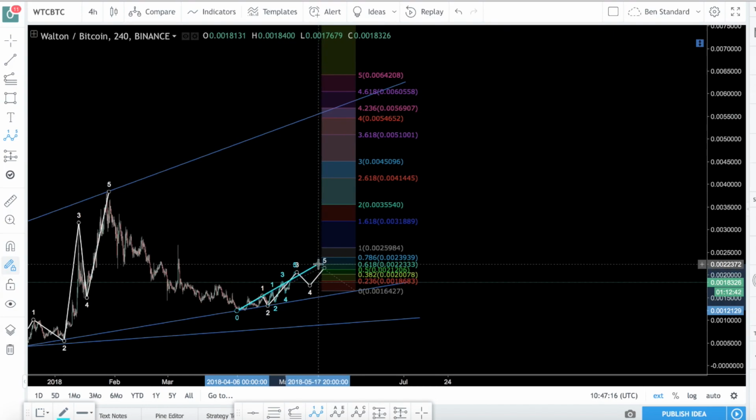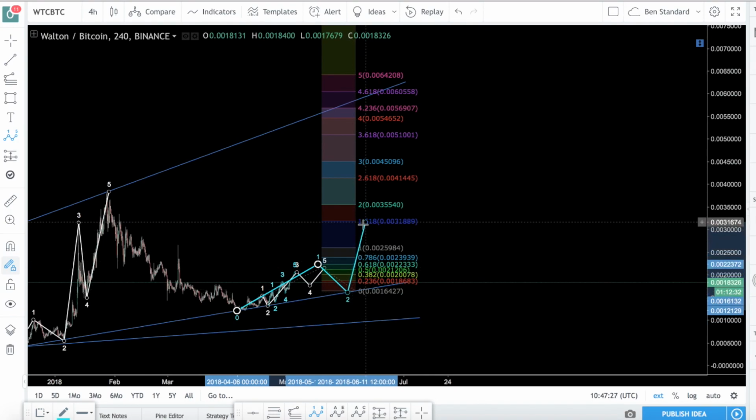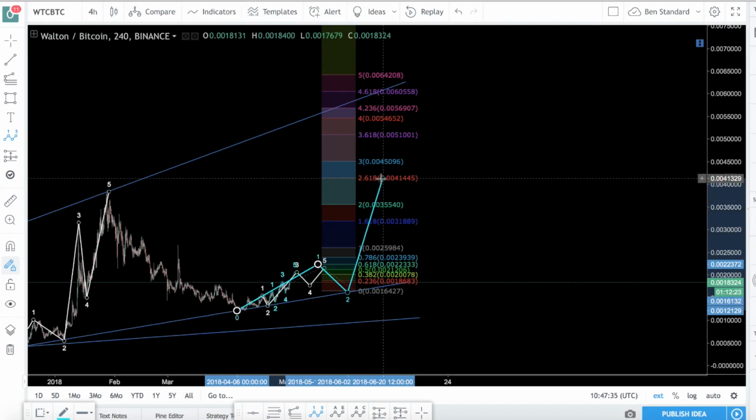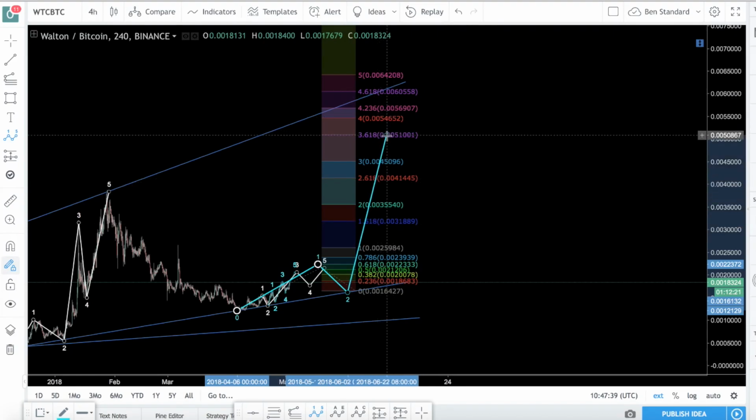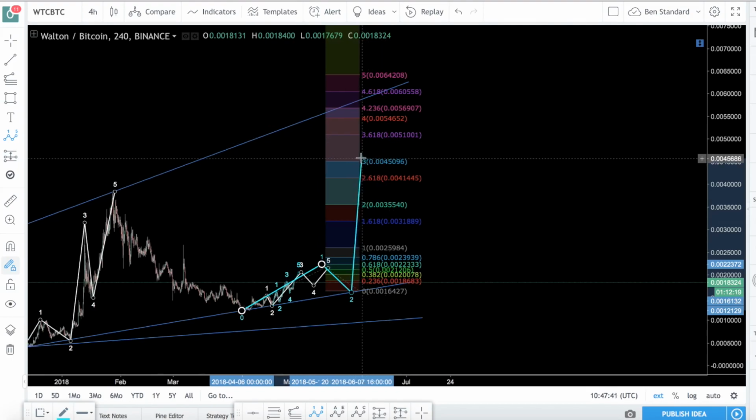So it's something like this. And then we're going to correct 50% around this area. And the third wave, like I said before, usually ends at 1.618 or 2.618. It could even go higher as 3.618.